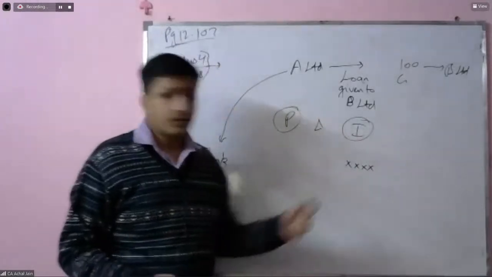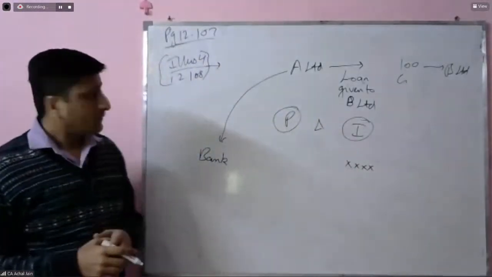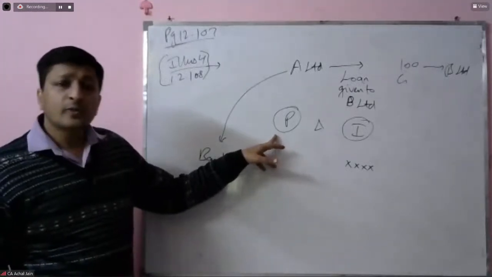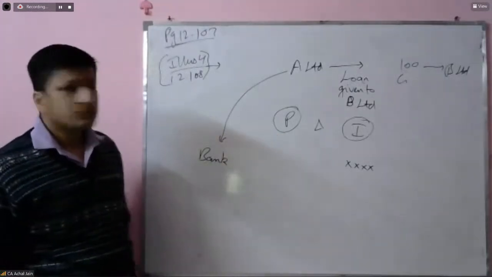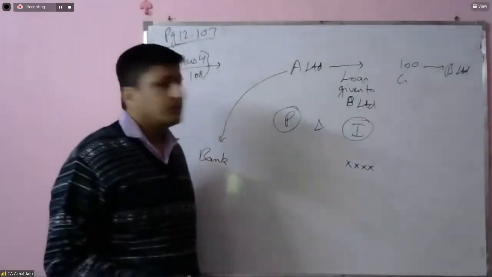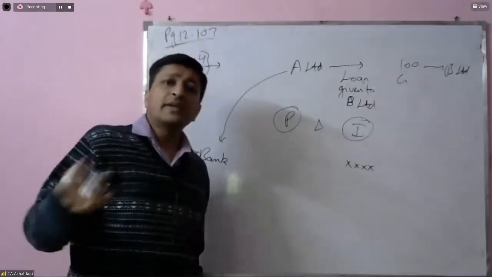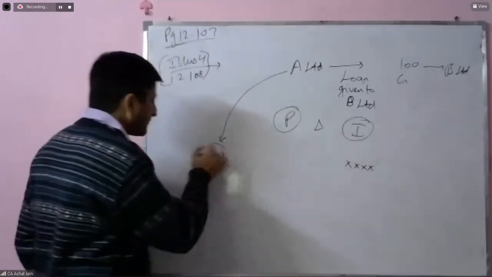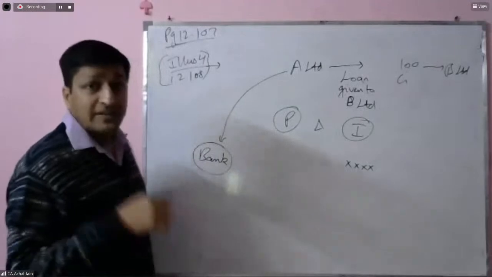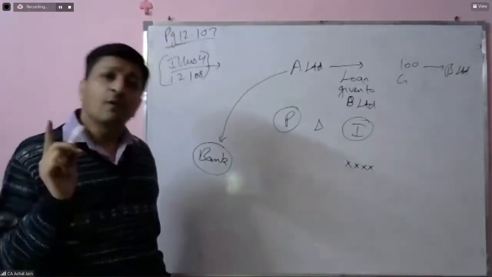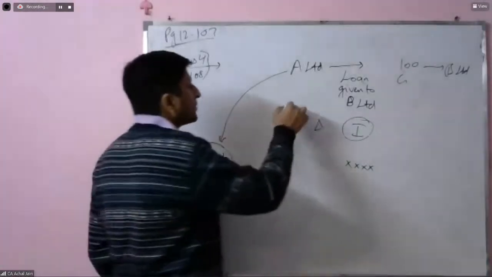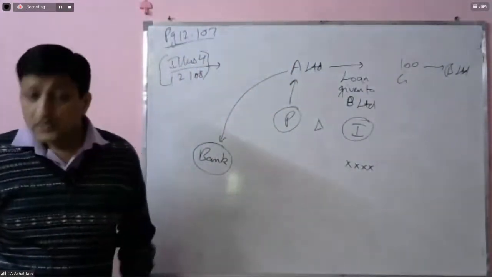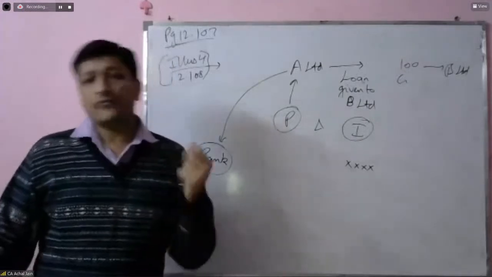But the rights towards the principal continue to remain with A Limited. So what will happen? Every time the interest is collected, who will get the interest? Bank. But when the principal is collected, who will get the principal? It will go to A Limited only. This is called a part sale of a financial asset.